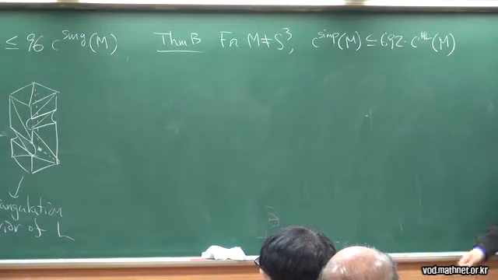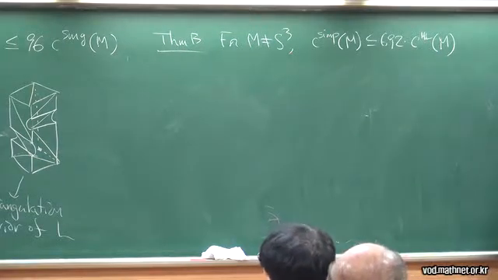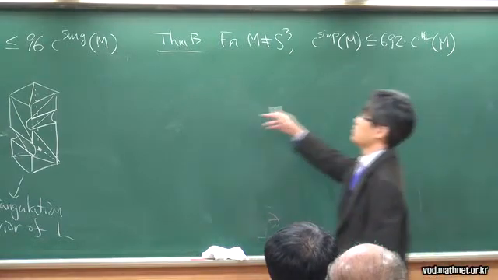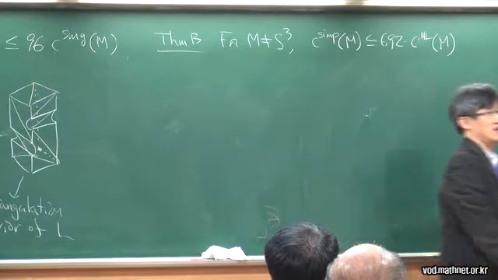Now the coefficient is bigger, but we have the same kind of inequality. It's convincing because Heegaard diagrams are more efficient in describing a 3-manifold. So given this, how do you try to prove this?